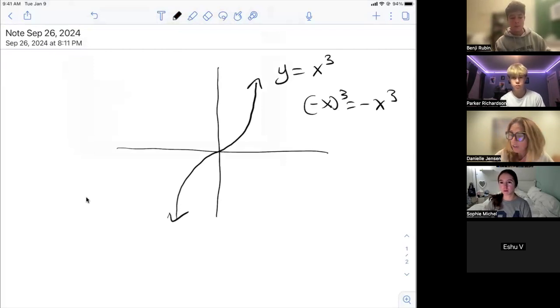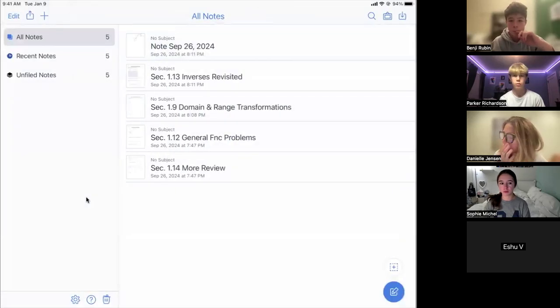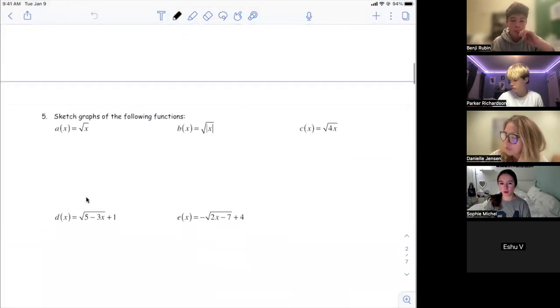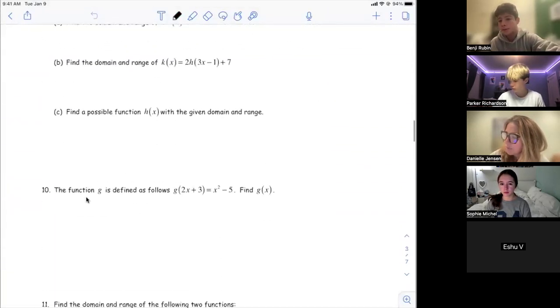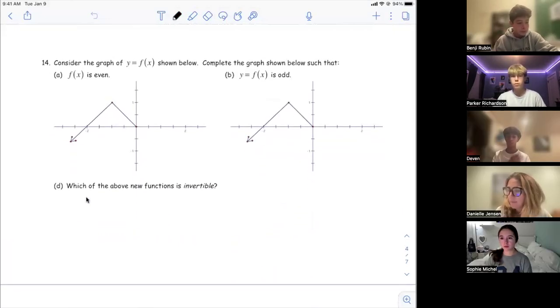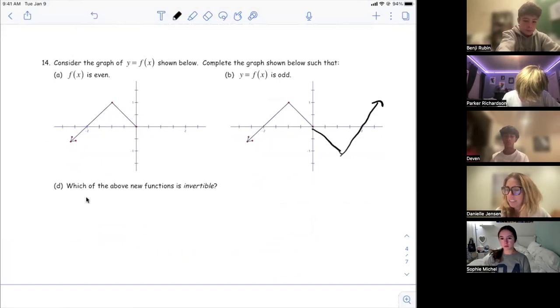But there are other functions. If you look at the packet, I think it was 1.12, when I had you graph in part B, I said if a function's odd, finish the graph. So you would have origin symmetry, right? This is going to be a very rough sketch, but that would be completing the graph. But does that have an inverse?